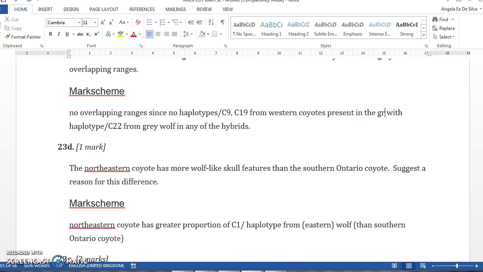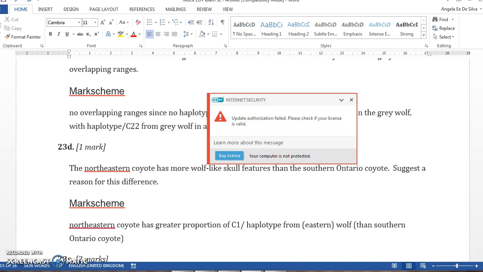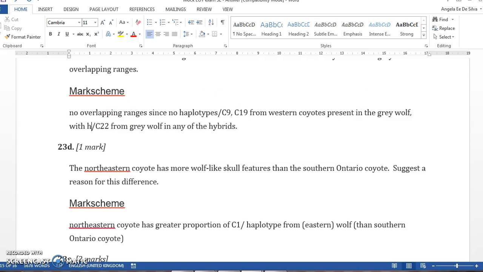Or you can state the other way around, that no haplotype C22 from grey wolf is in the western coyotes, because we are comparing grey wolf and western coyotes as stated in the question.